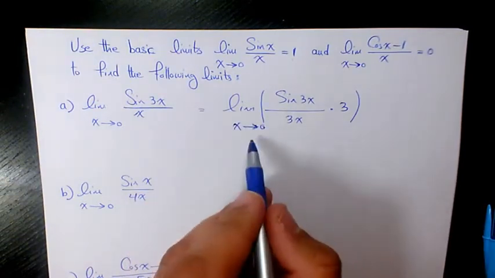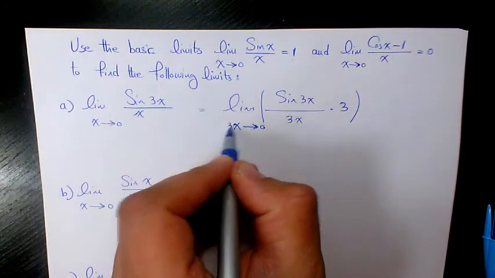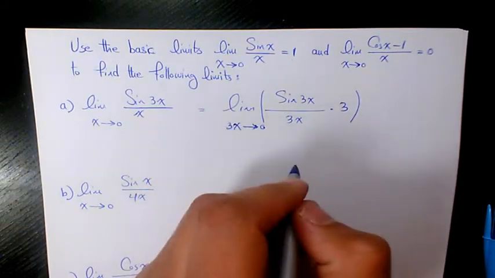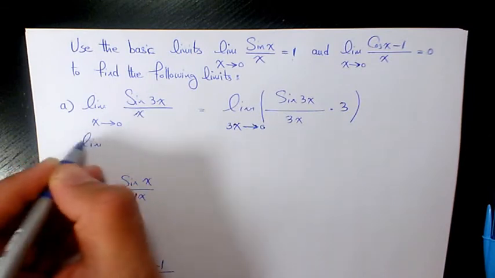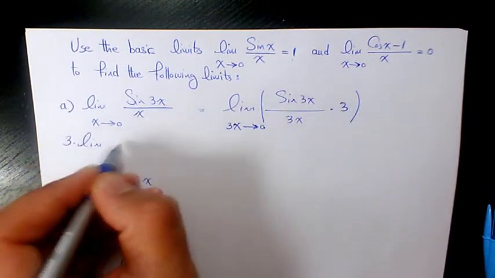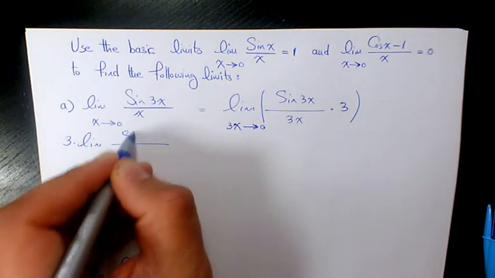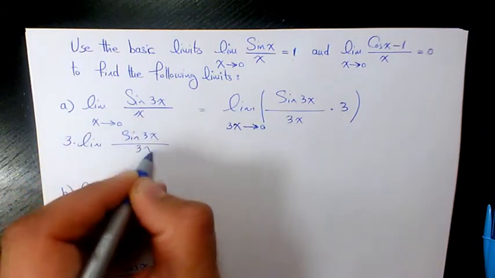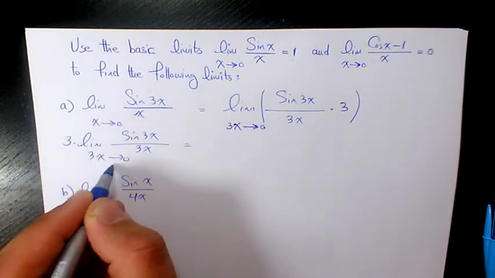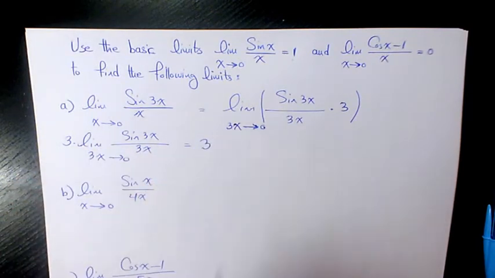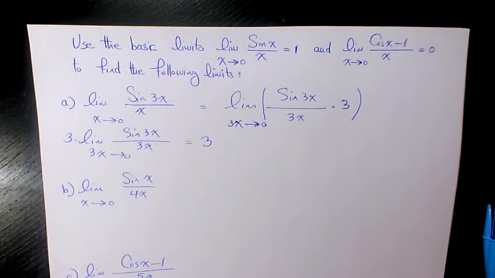And we know when x is approaching 0, 3x is approaching 0 as well. So then we can have 3 times the limit of sine 3x over 3x when 3x is approaching 0. This part is going to be 1, so 3 times 1, the answer is going to be 3.